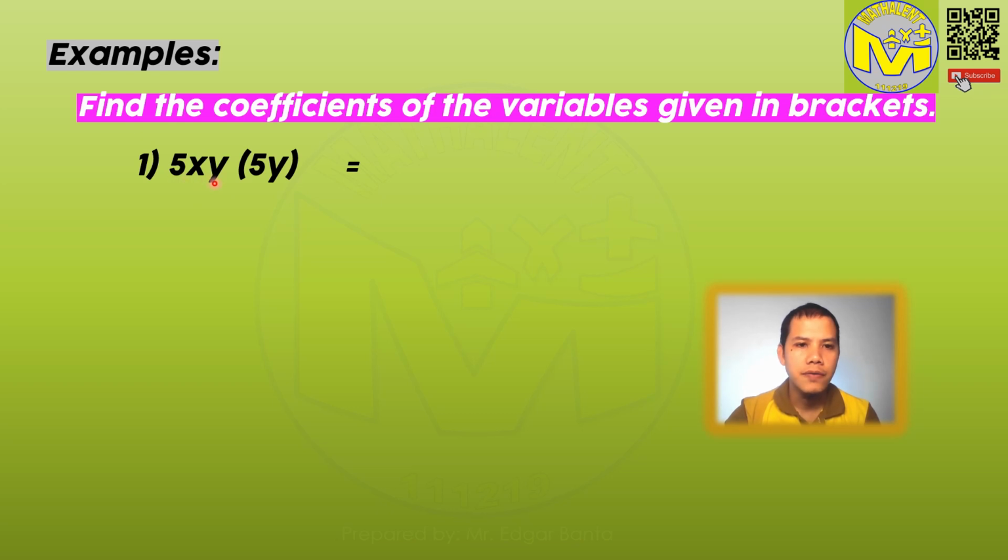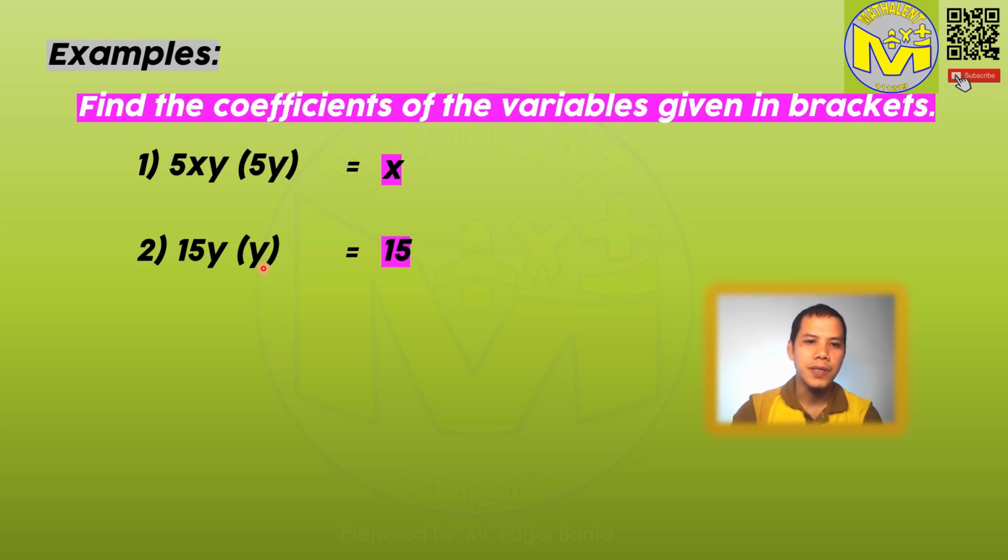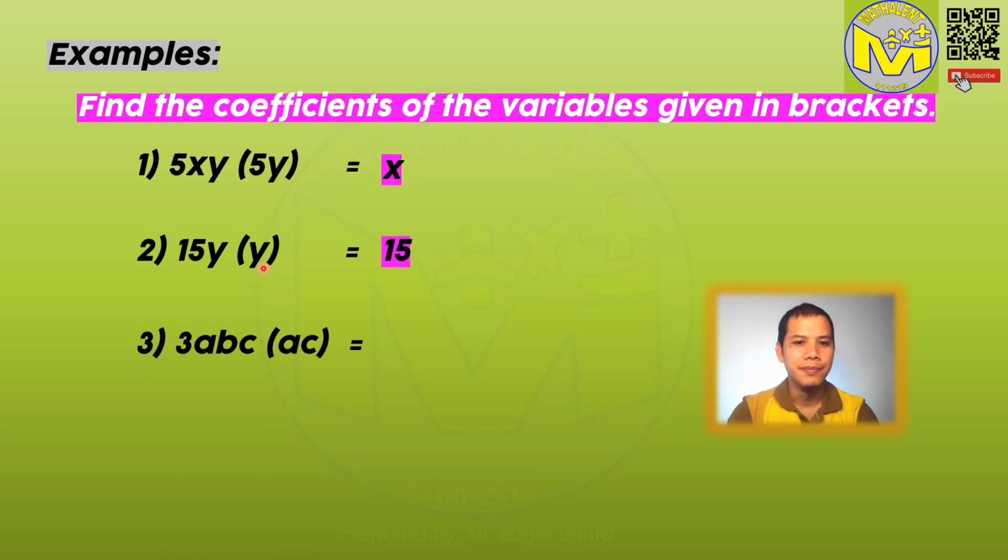If I put 5y in the bracket, what is left? Only the x. So the coefficient of 5y is x. Number 2, in 15y, the variable y is in the bracket. So what is the coefficient of variable y? Answer is 15. Good job.